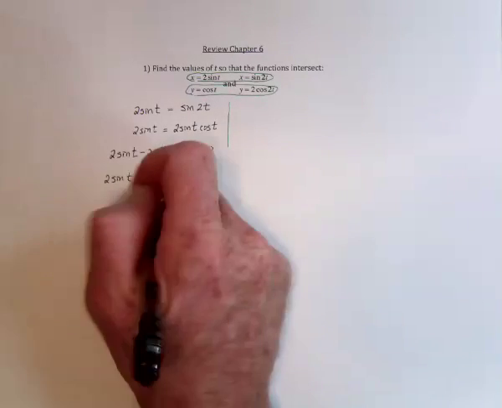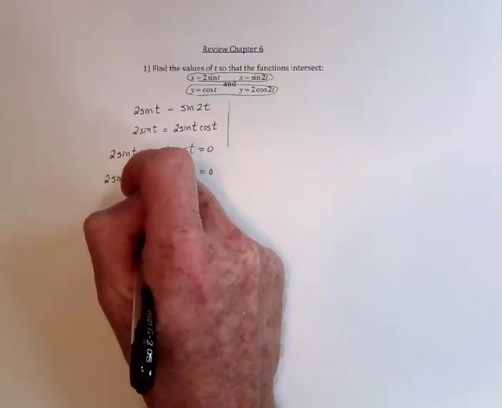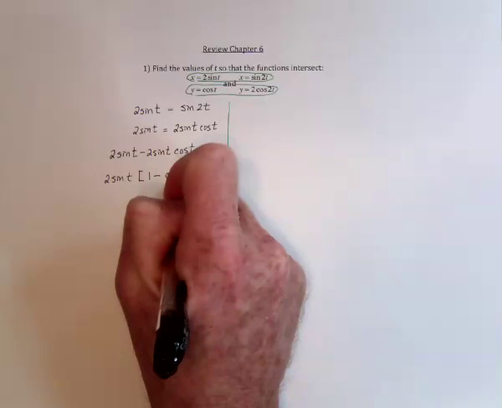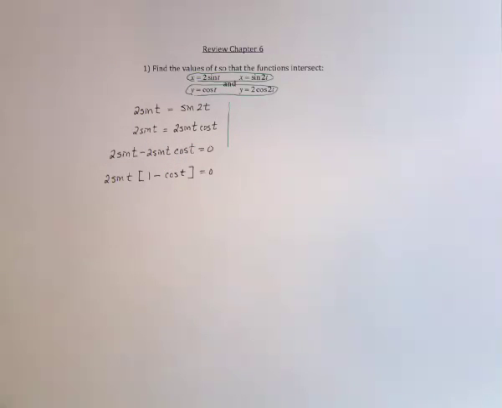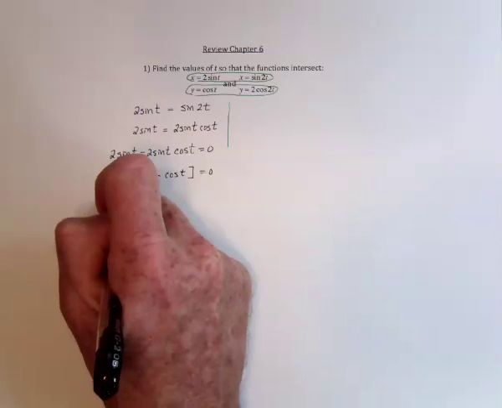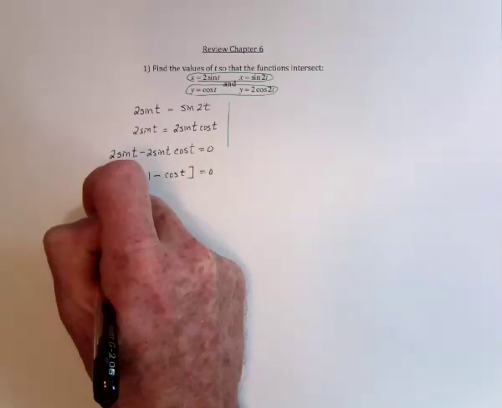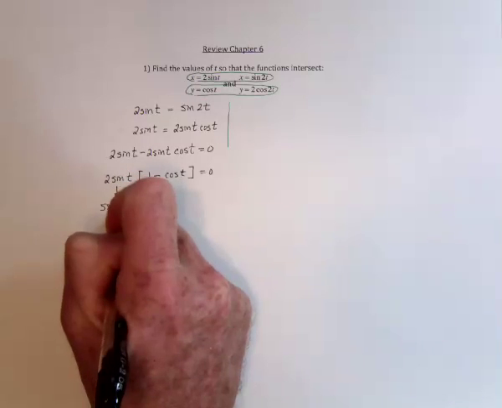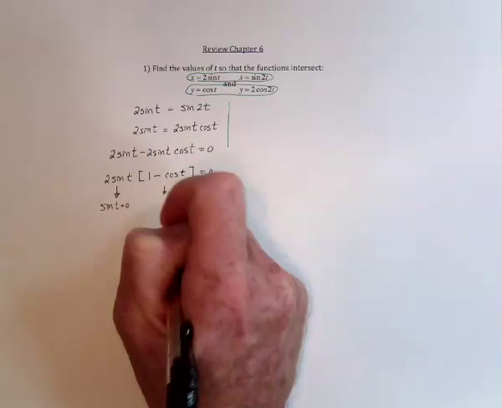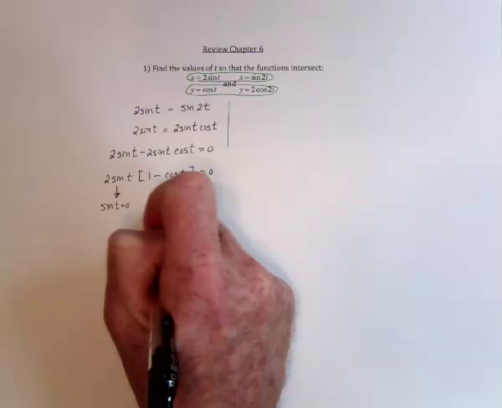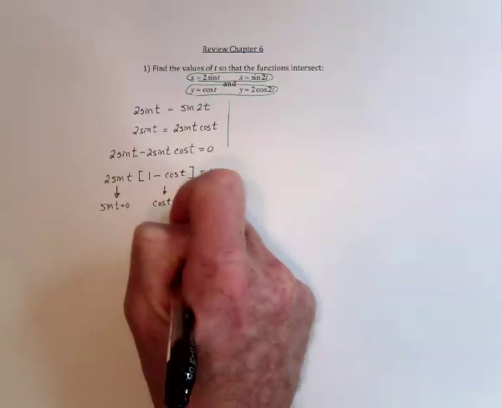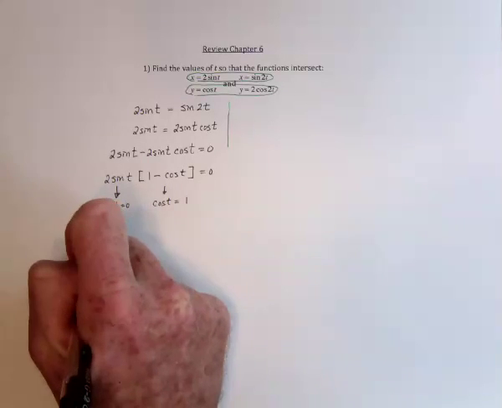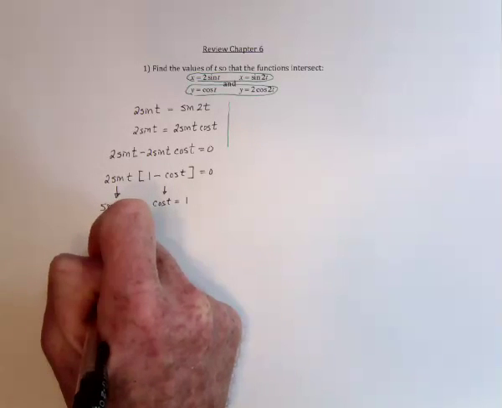So if you factor it out, it leaves a 1, and then the 2 got factored out, but not the negative. And then set each factor equal to 0. So 2 is never going to equal 0, but sine can. So when does sine of t equal 0? And for this one, when does cosine of t equal 1? And for these, I don't even need a calculator. Sine looks like this.